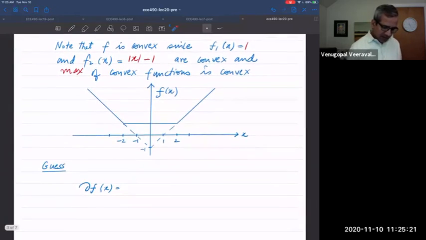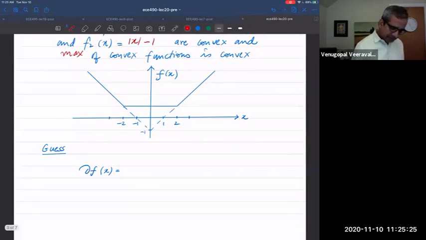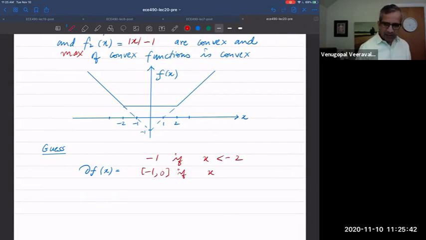All right, so let's write down our guess now. So this is -1 if x is less than -2. It's the set from -1 to 0 if x is equal to -2.